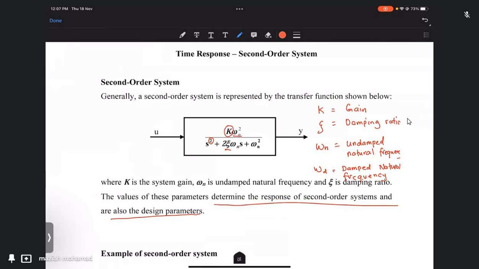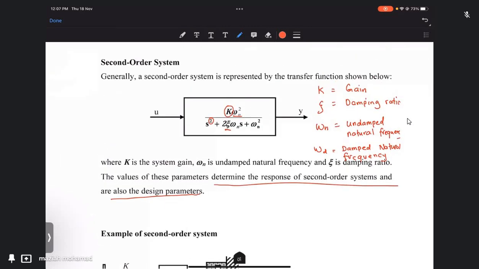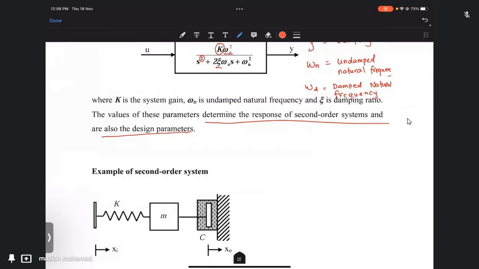Later on you will see, for example, if we discuss based on mass spring damper system, the value that you choose for k, m, and c will determine k, zeta, and omega n. K here is the spring stiffness.